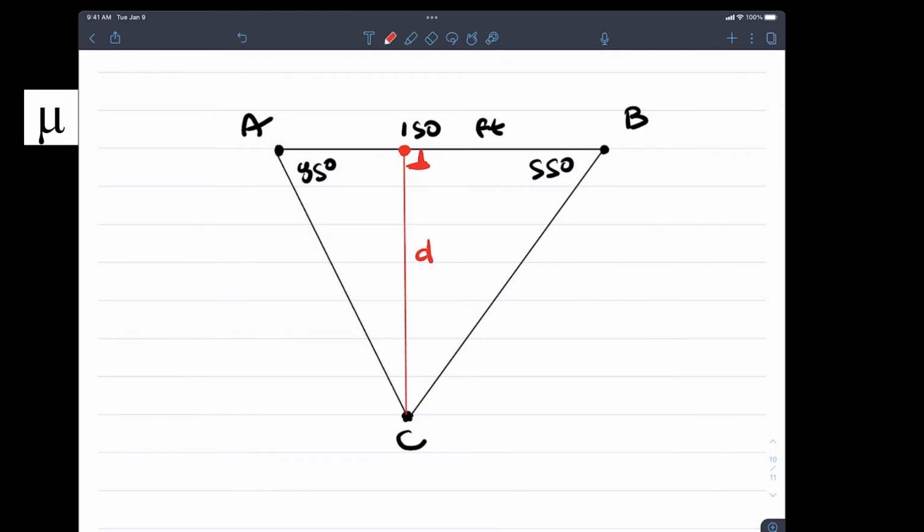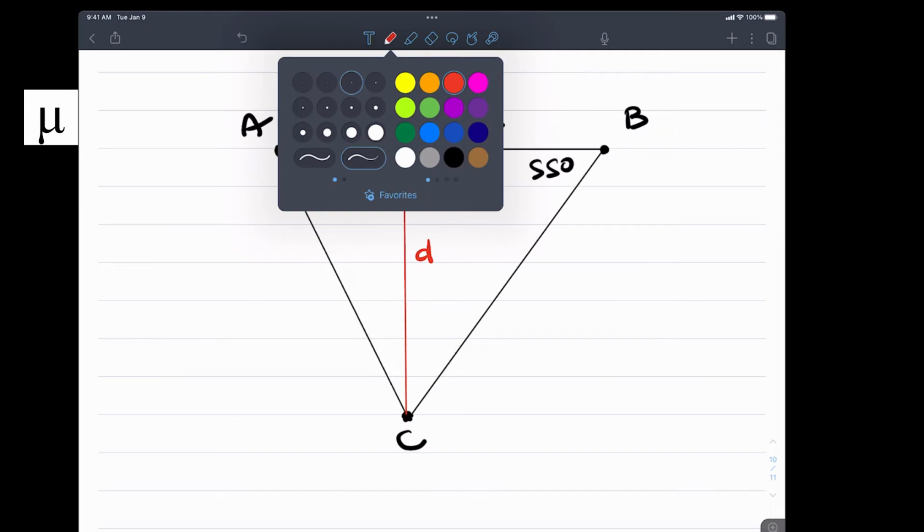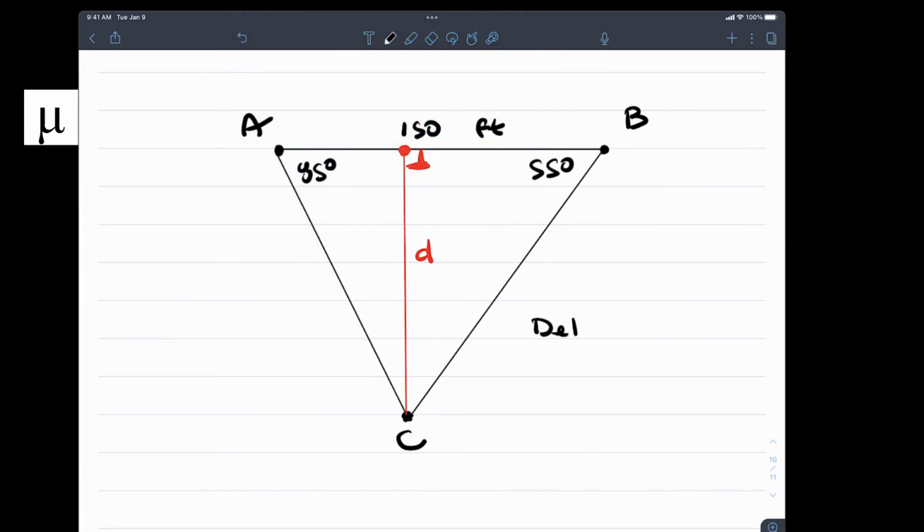I'm going to call this D. How do you think we're going to find D, ladies and gentlemen? Okay, I'm going to say to you guys this question. Determine D.